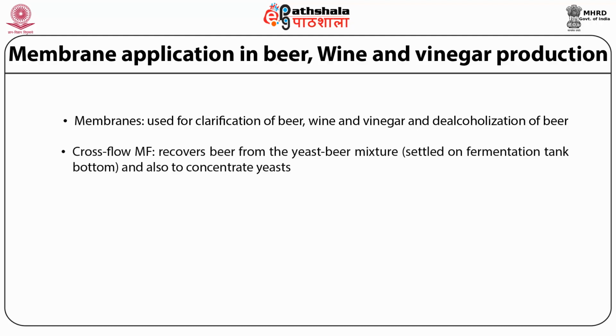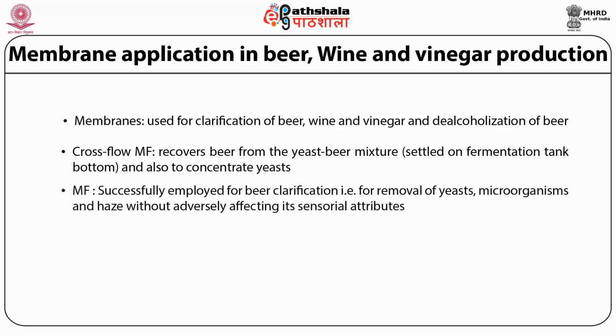Closed flow membrane, particularly MF, is used to recover beer from the yeast beer mixture that is settled on the fermentation tank bottom, and also to concentrate yeast. The membrane system's investment is usually compensated by the beer recovery.